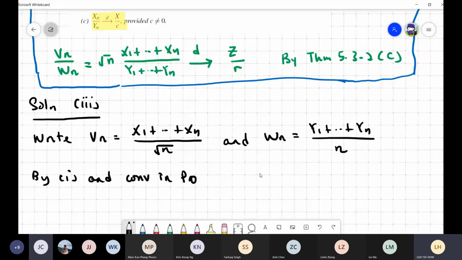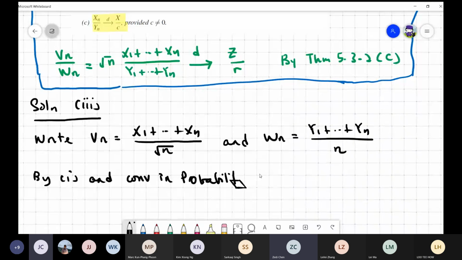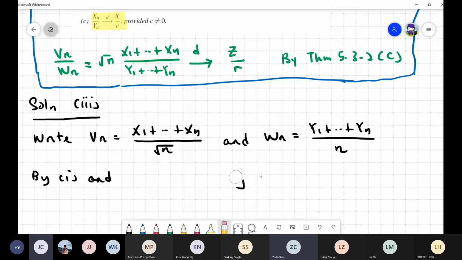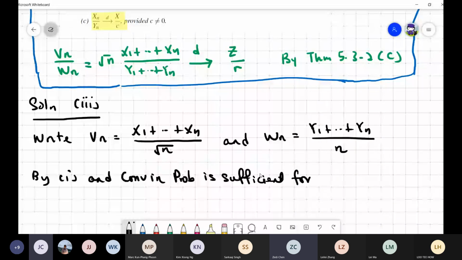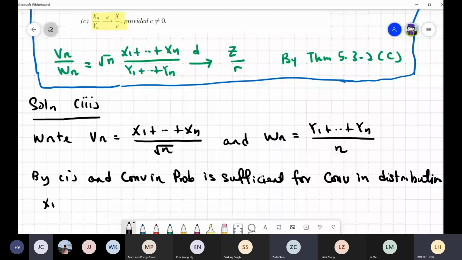convergent in probability, and convergent in probability is sufficient for convergent in distribution. So we can have Vn converge to Z in distribution.